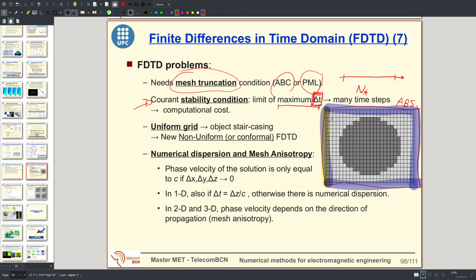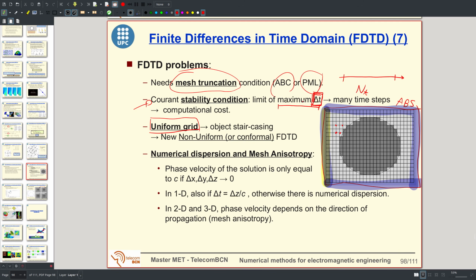Also, the grid is uniform using the Yee discretization scheme that I explained of interleaved electric and magnetic fields. We have uniform samples. They are interleaved.